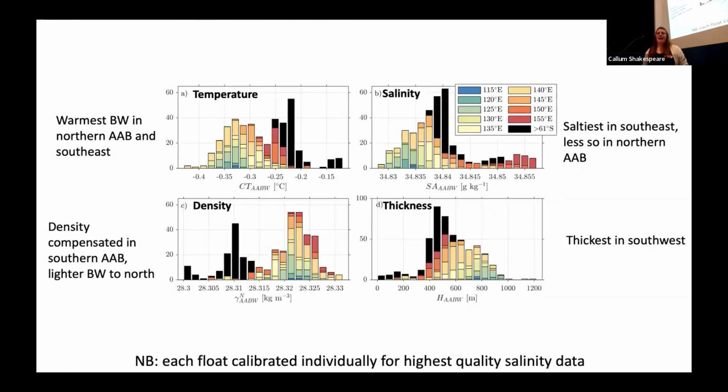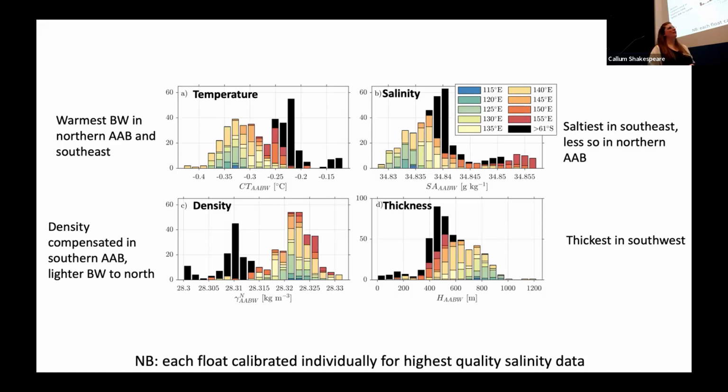And so we can start looking at the water mass properties of Antarctic bottom water here. I didn't put it into this talk, but each float is calibrated individually. The salinity sensors have a pressure dependency that you can compare to quasi-simultaneous profiles taken from the ship, which are calibrated with the hydrochemistry on the ship to get the best salinity data.